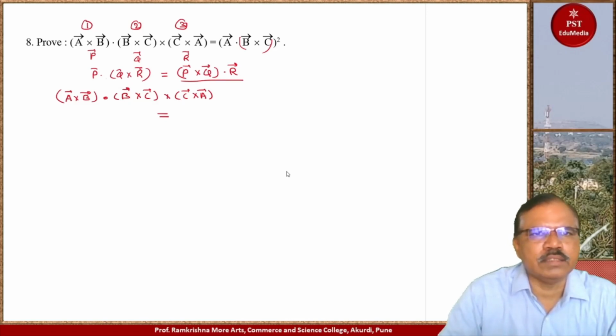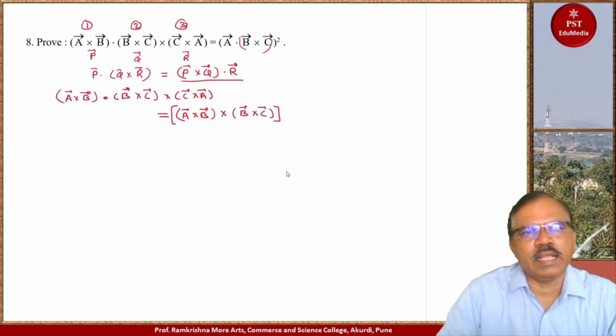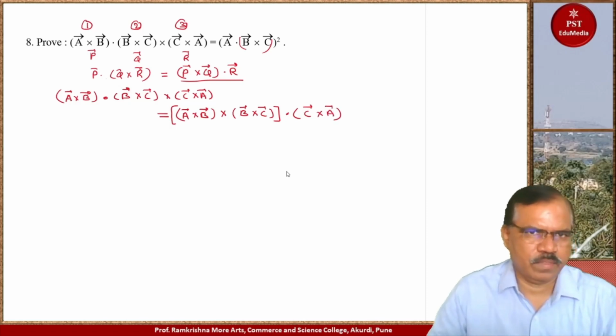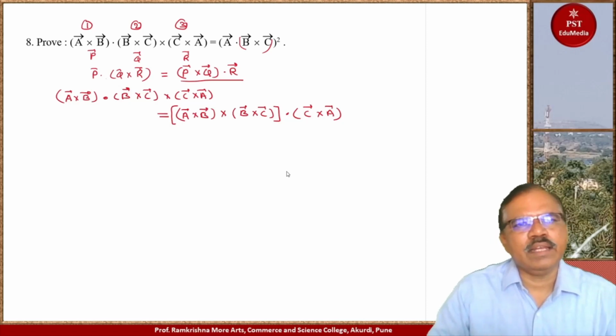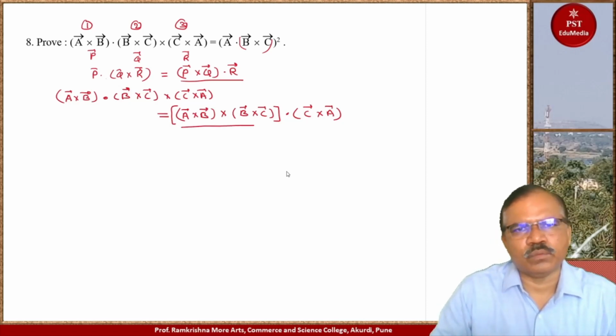So P is A cross B, in bracket, cross B cross C, and this bracket has dot product with C cross A. Now again, we will solve this now.